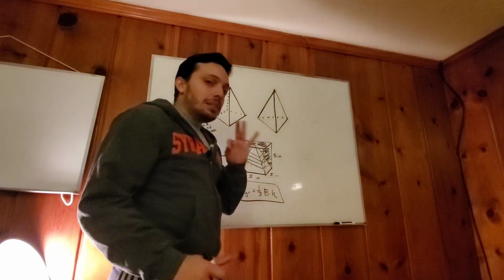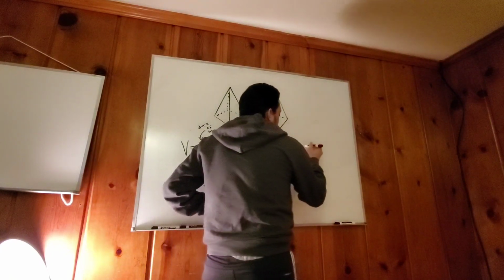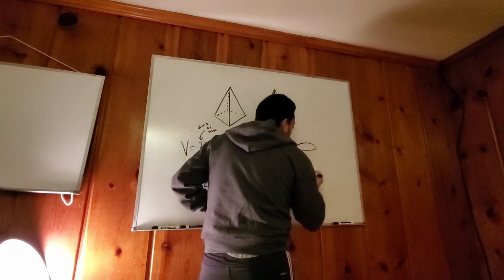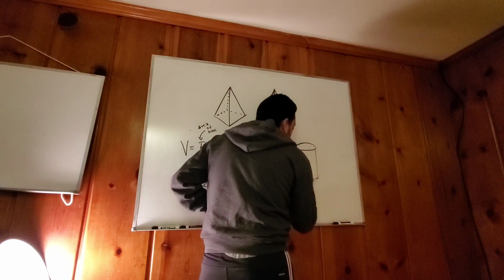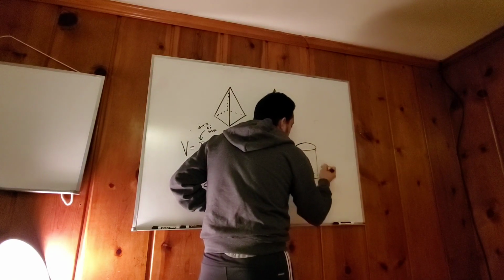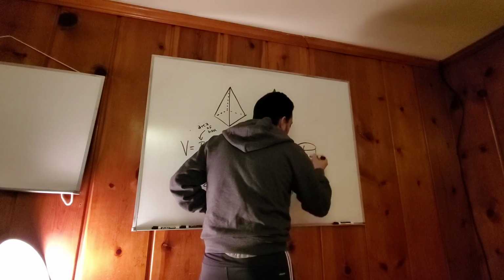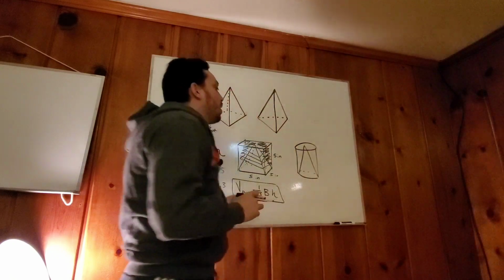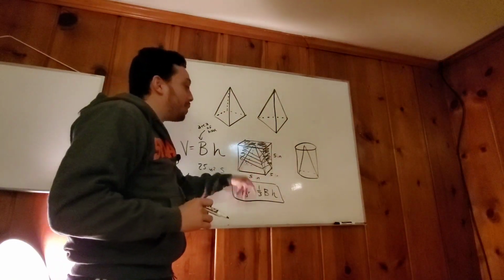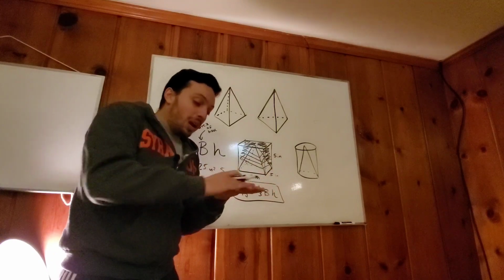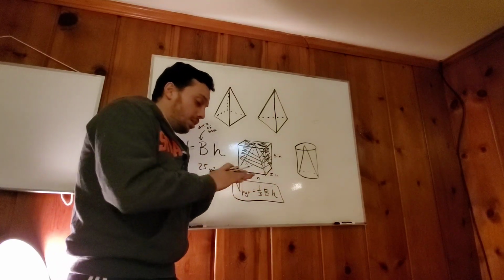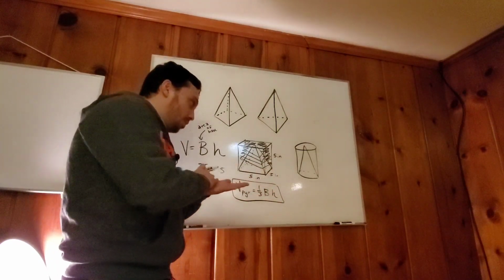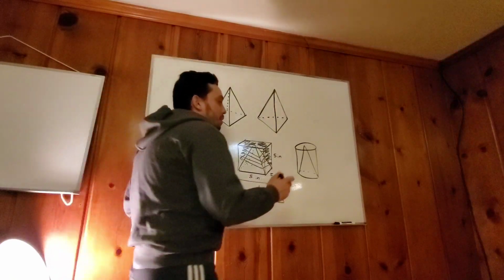I told you I was going to talk about pyramids and cones together, so let's talk about a cone. A cone is the same thing as a pyramid, except it has a round, circular base. It's the same problem.